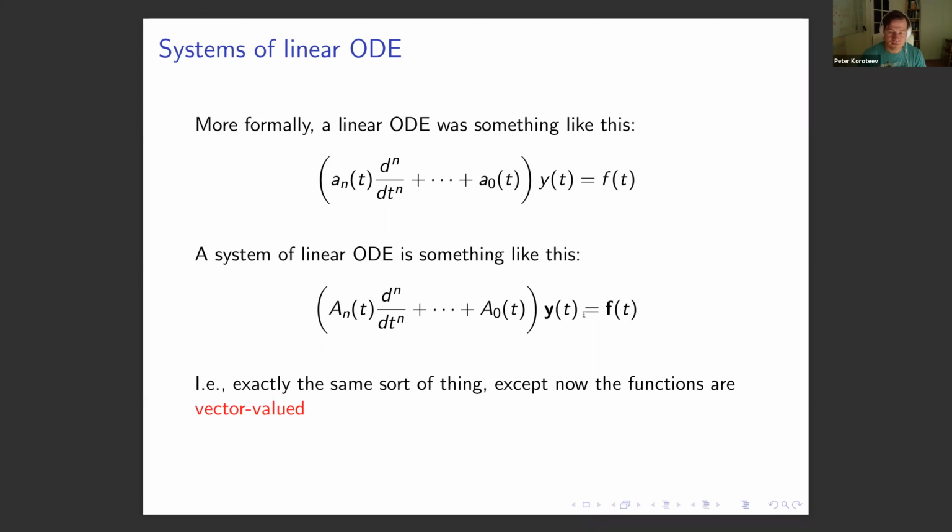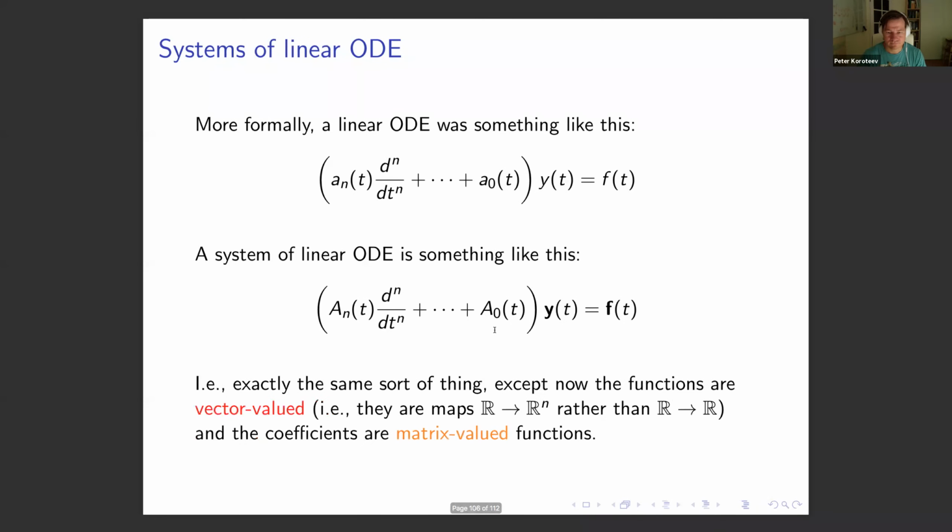So the functions are vector valued, and the operator is matrix valued. The coefficient functions are matrix valued functions. In terms of linear algebra, it's easy to generalize to systems of linear ODEs like that.